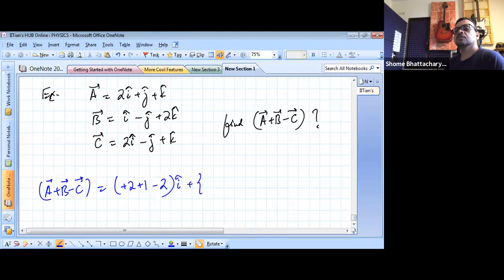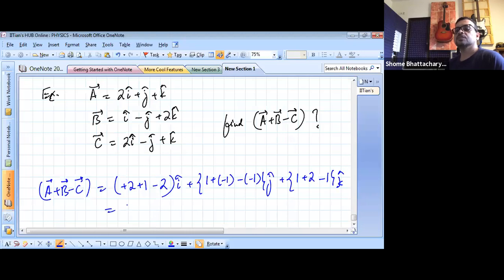Then plus A's y component, which is 1, plus B's y component, which is minus 1, minus C's y component, which is minus 1, j cap. And then same treatment to the z component. So A's z component plus B's z component minus C's z component. That goes with k cap.